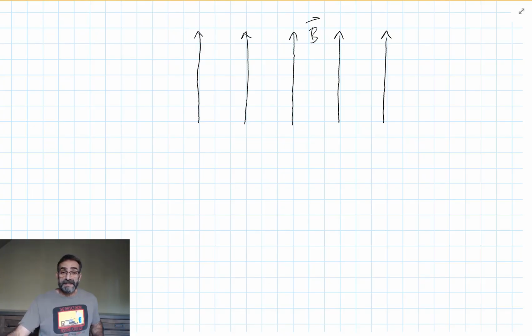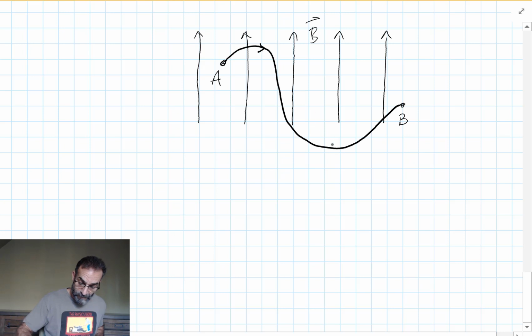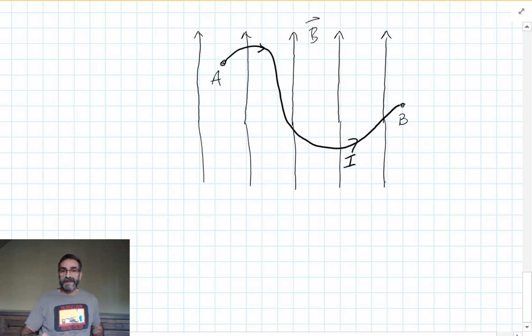If I have a magnetic field that points toward the top of the page, and I'm trying to get from point A to point B along some path, I have a current carrying wire that follows some crazy path, maybe this path. Of course, the magnetic field extends, I didn't draw my lines. There we go. My wire is in a uniform magnetic field.